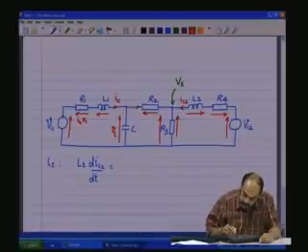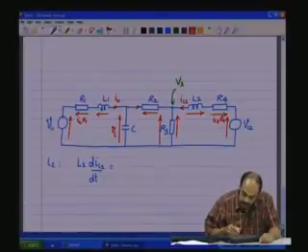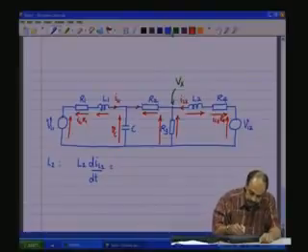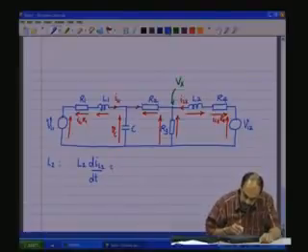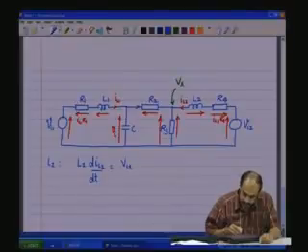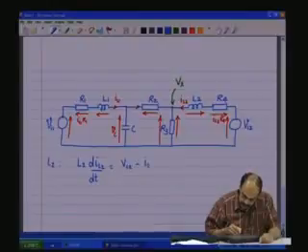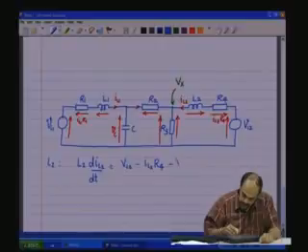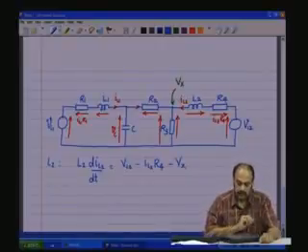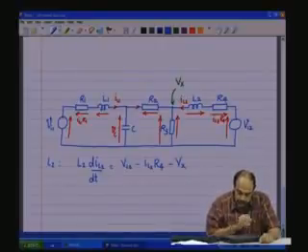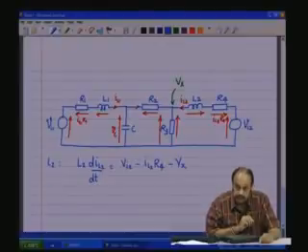And the voltage across R4, of course, we know this is IL2 into R4, and the voltage across this is nothing but Vx. So, therefore, we have Vi2 minus IL2 R4 minus Vx. This is the third equation.